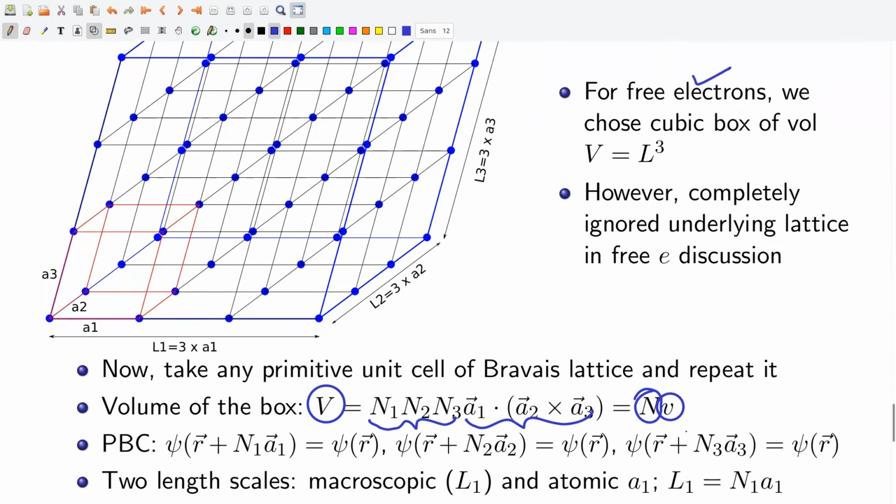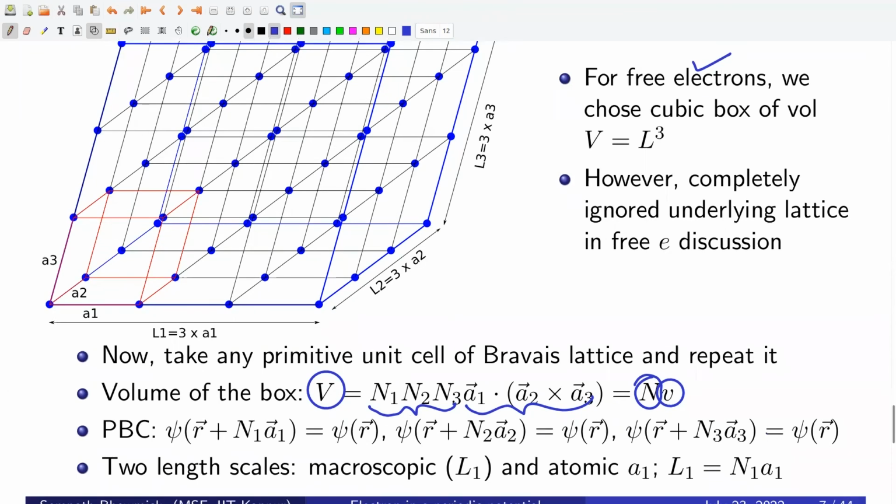If you look at the periodic boundary condition, then it looks the same for the free electron as well as Bloch electrons. However, one should keep in mind in case of Bloch electrons that we have to consider two length scales. One is the macroscopic length scale and another is the atomic length scale.